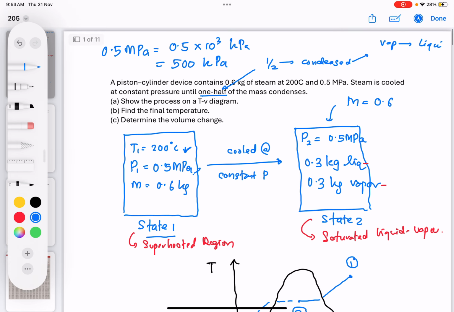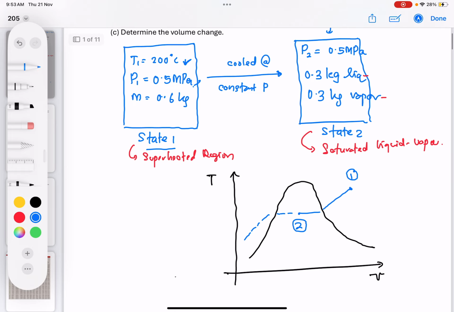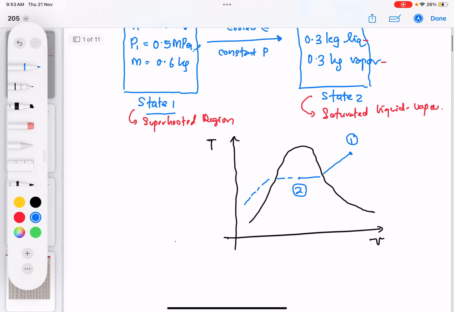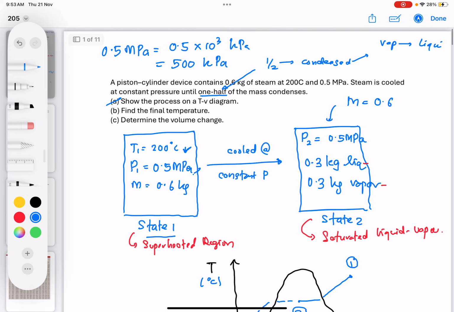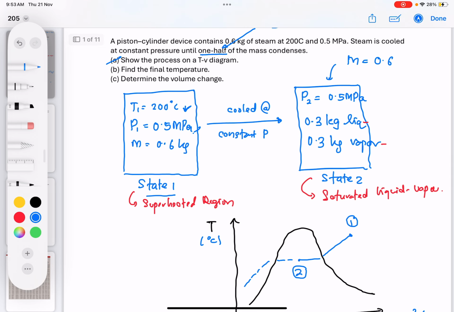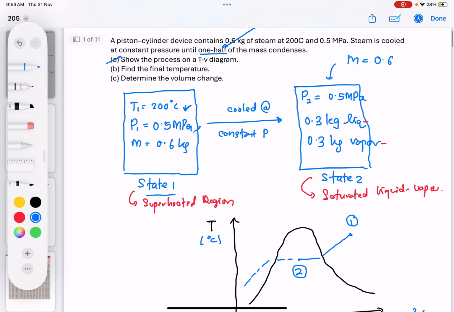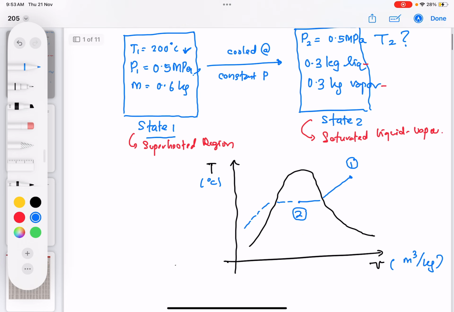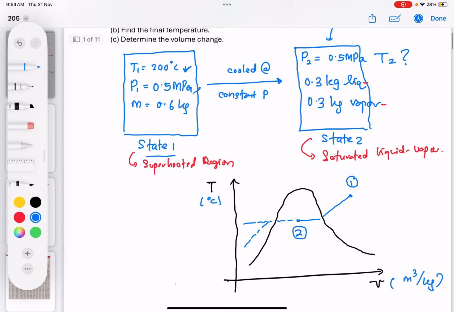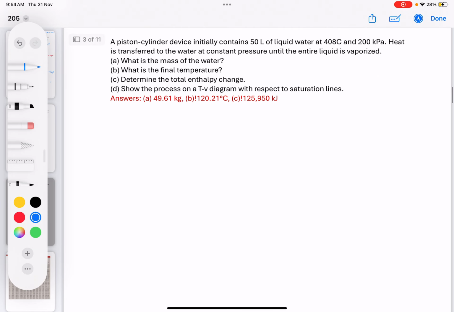So I'm already done with the first part, constructing the T-v diagram. Temperature, of course, in degrees Celsius, and v here should be in meter cubed per kg. Then, find the final temperature. The second part of the question is asking for T2, and I know that state 2 is in the saturated liquid-vapor region. Here, the pressure is the same as the pressure for state 1, which is 0.5 megapascal or 500 kilopascal.